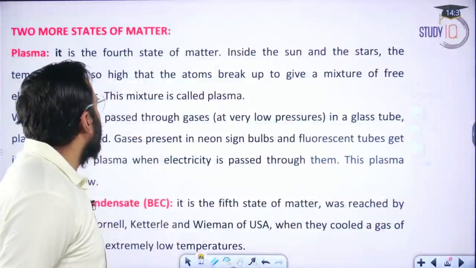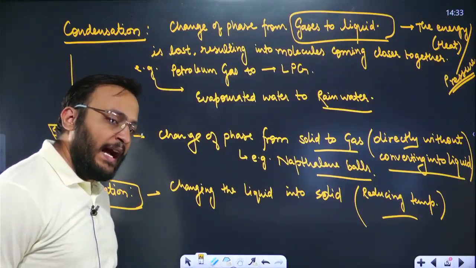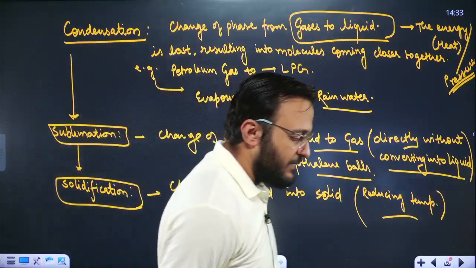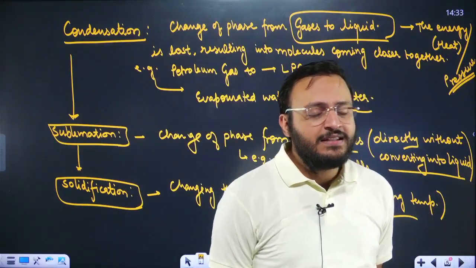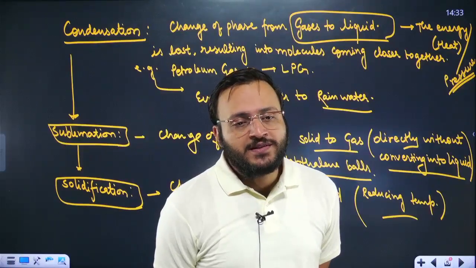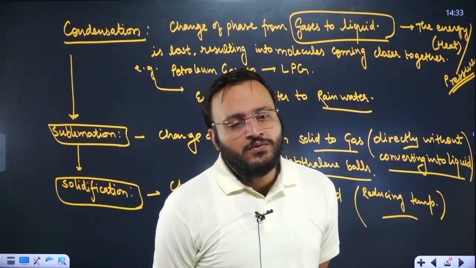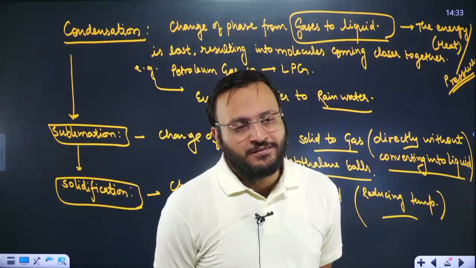Now if we talk about one more thing, even though we had discussed it in the physics class as well, guys, latent heat. Do you remember what latent heat was? Latent heat was that hidden heat which was responsible only for changing the phase without changing the temperature.